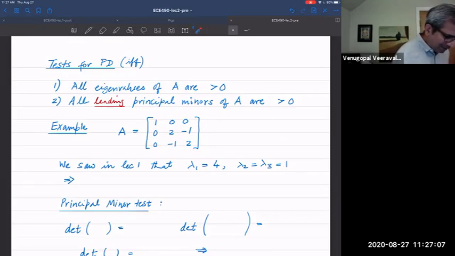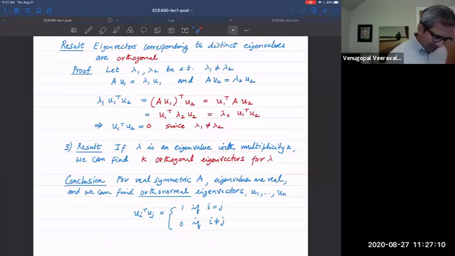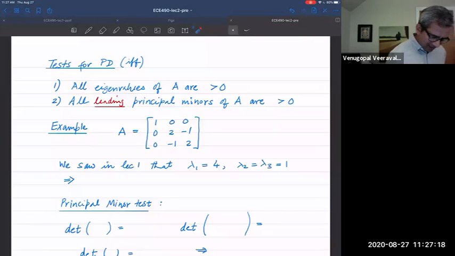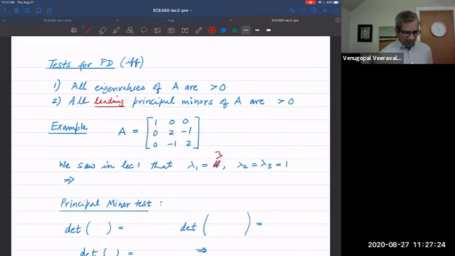Anyway, they're positive, so A is positive definite from that property.